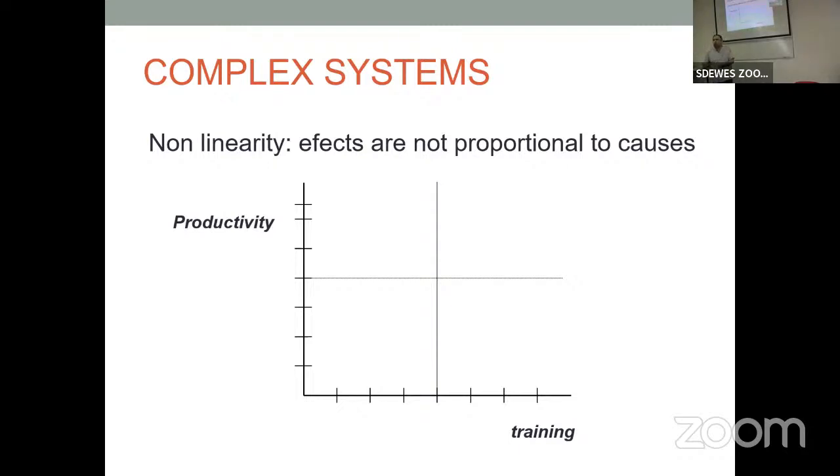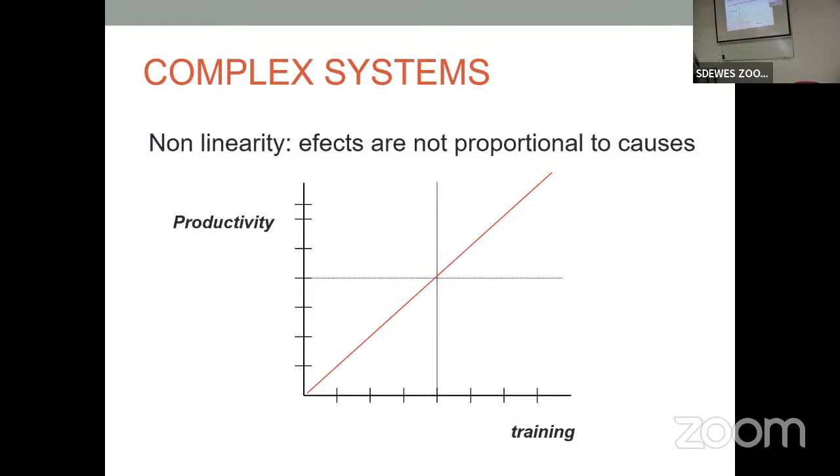Obviously, the more training you have, usually the more productivity you have, maybe for example for training on this software, or for any kind of work. But is the relation between productivity and training linear? Can we consider that more training means more productivity in a linear way? No, this is not the case. Usually at the beginning, you need much more time to learn, and you have low productivity. I don't find what I have to do. You have to ask.